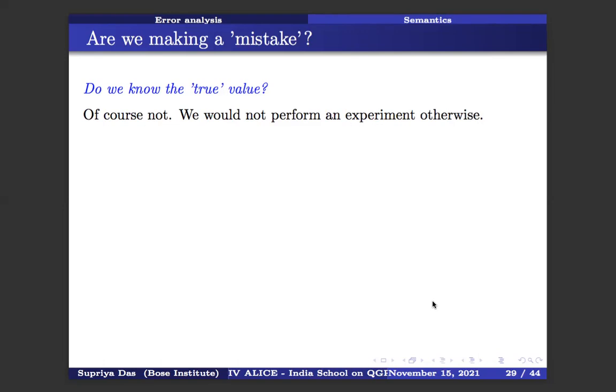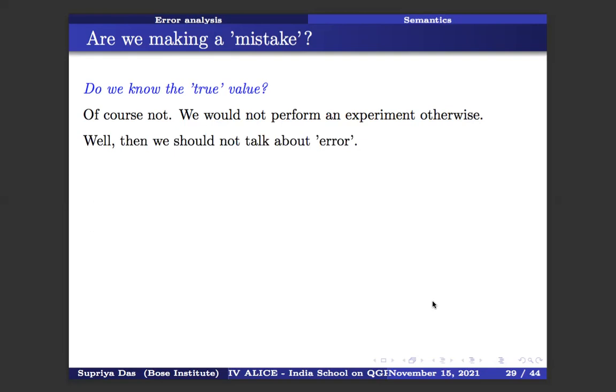If you believe in a blind way that that is the true value which has been given by the theory, then once again there is no point in doing the experiment. Then it's done. So when you do an experiment, you have a base value in mind, but you believe in what you get in your measurement. So we actually do not know the true value. True value will emerge from your experiment.